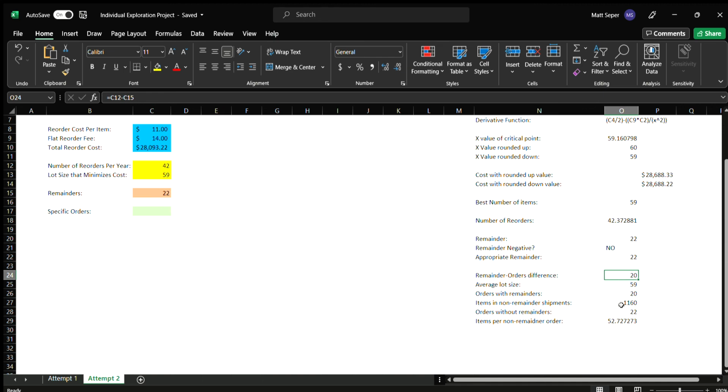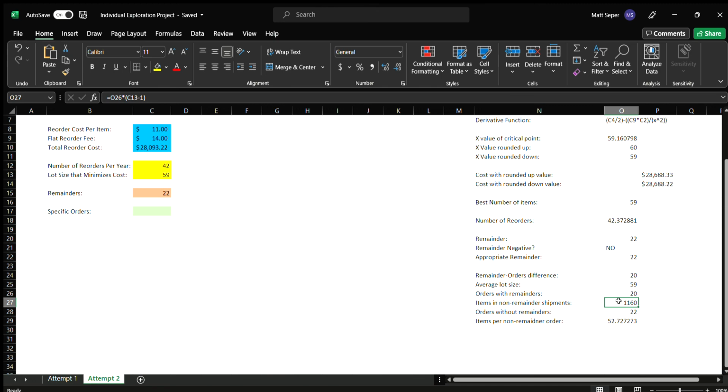If I would have 22 orders with remainders, then I would have to have 20 orders without remainders, but then the issue was I needed to make sure the average of those orders, the lot size, was 59, and I was having an issue creating that. I didn't necessarily know how to make sure the lot size was consistent while also splitting up the orders.